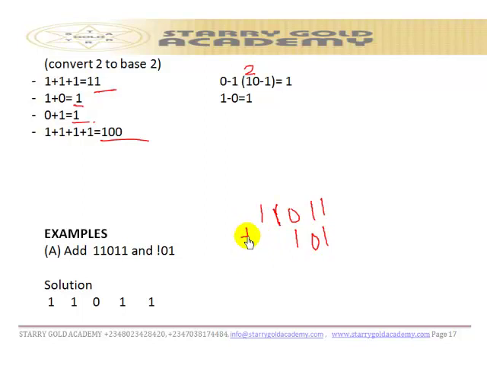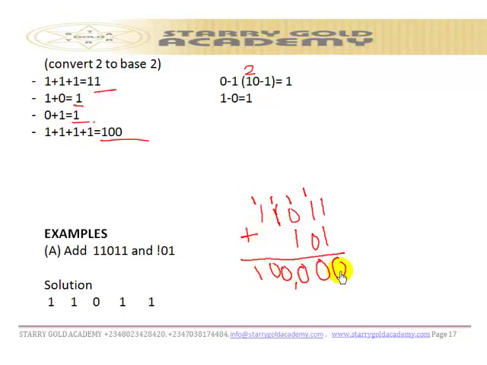We're supposed to add this together. I already said 1 plus 1 is 10, so 1 plus 1 is 10, carry 1. If I just carry 1 plus 1, it's still 10. Carry 1. 1 plus 1 is 10 again. Carry 1. 1 plus 1 is 10. Carry 1.